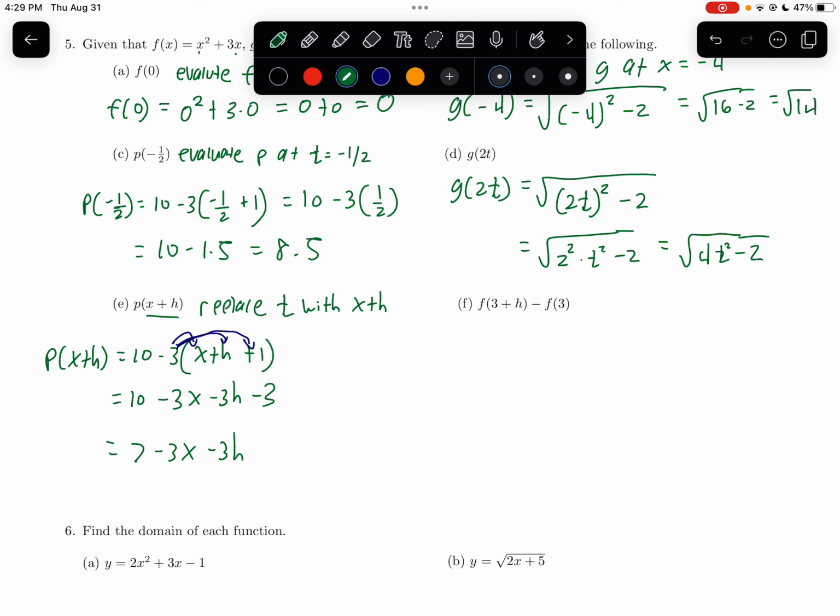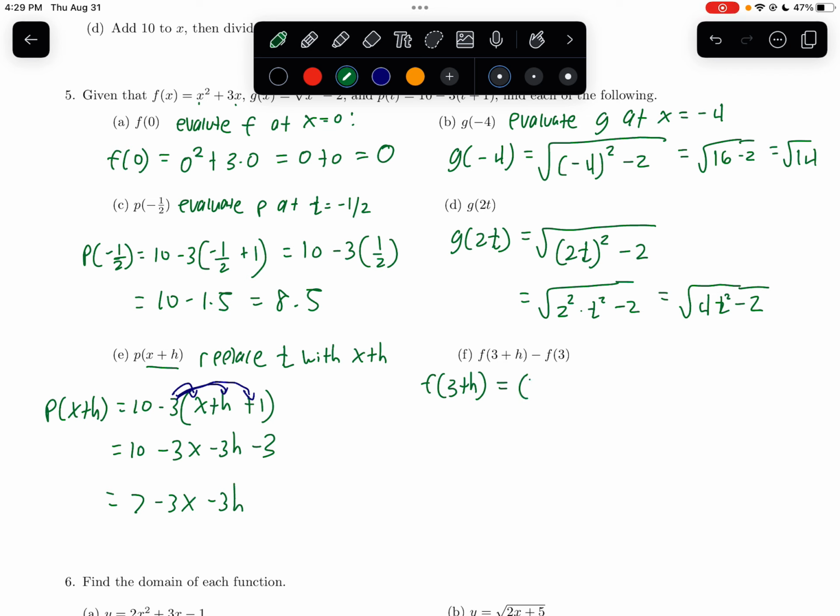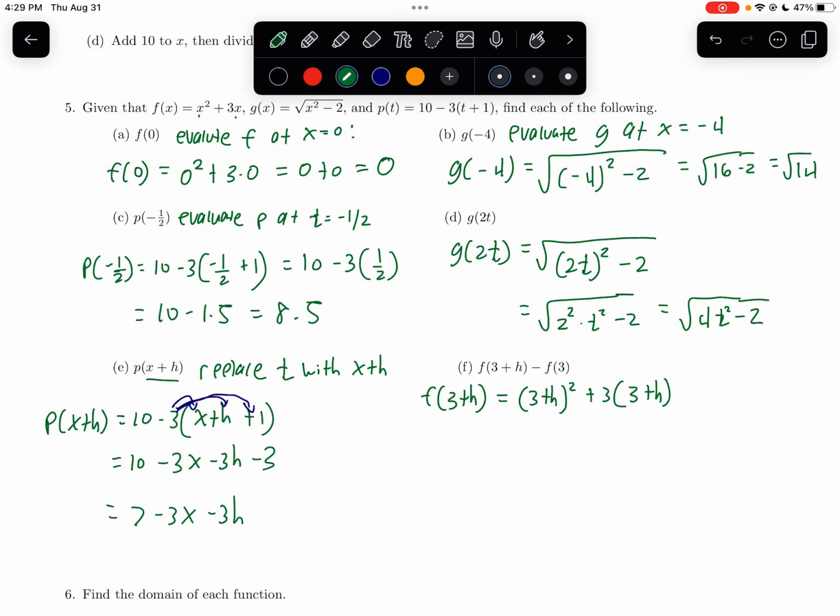So f of 3 plus h would be 3 plus h squared plus 3 times 3 plus h. So again, you replace the x in the formula for f of x at the top with 3 plus h.